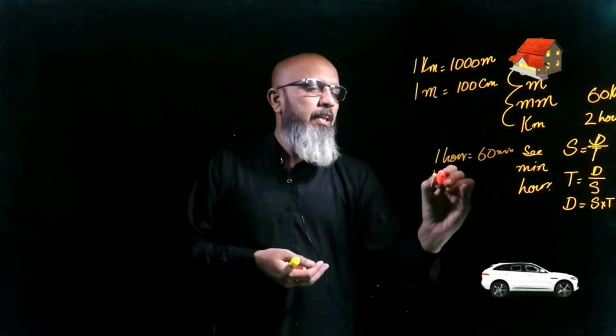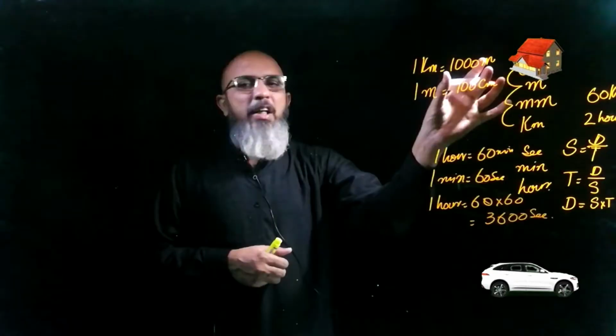So if I ask you how many seconds are in 1 hour, how will you calculate? Simply 1 hour is equal to 60 multiplied by 60, that means 3600 seconds, right? 1 kilometer is equal to 1000 meter.